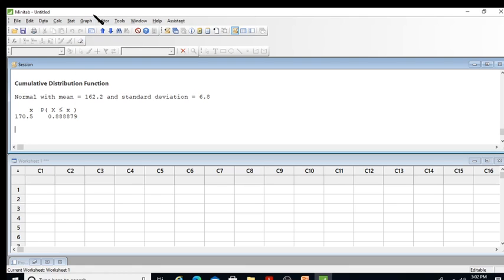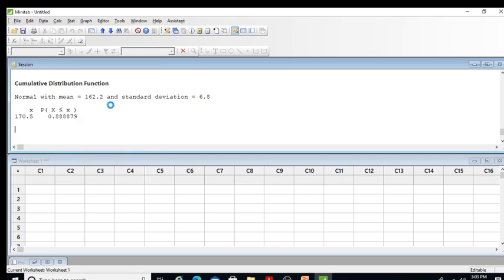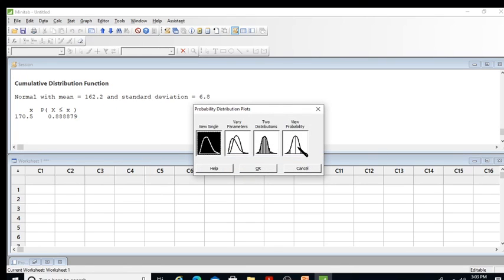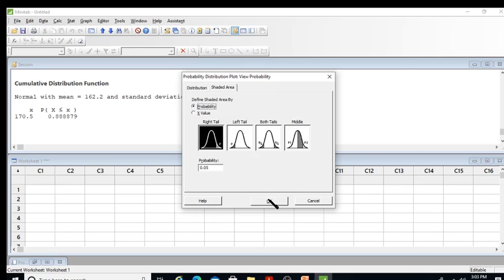Instead of doing it that way, it is nice to do it on a probability distribution plot. For that, I want to view the probability, and let's say 162.2 is my mean and 6.8 is my standard deviation, and my shaded area is the right tail, meaning greater than that.